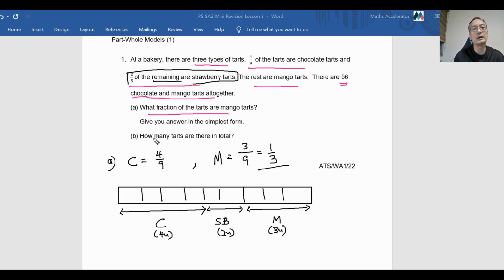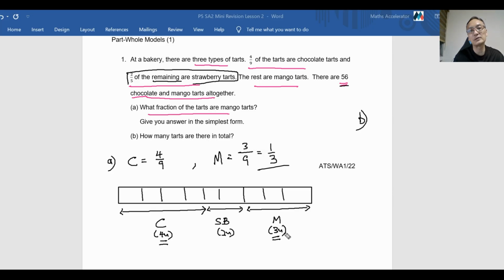Part B is to find out how many tarts there are in total. We were told that there are 56 chocolate and mango tarts. So let's use a space over here to help us calculate part B. We will be adding the chocolate and mango tarts together. Chocolate, there are 4 units.